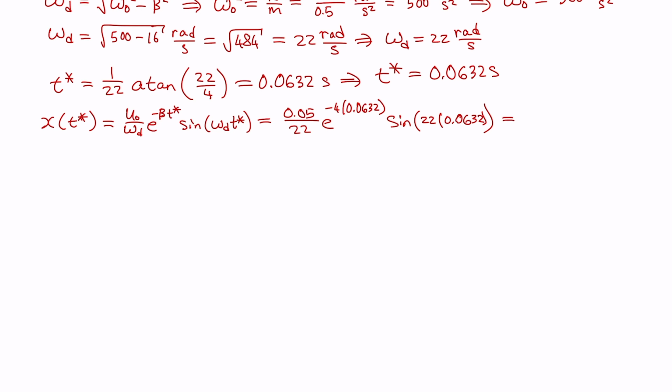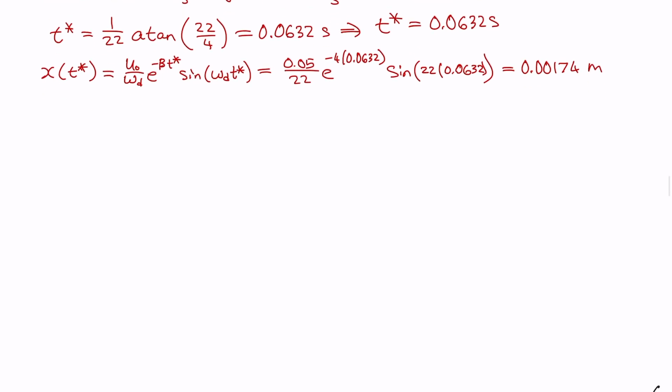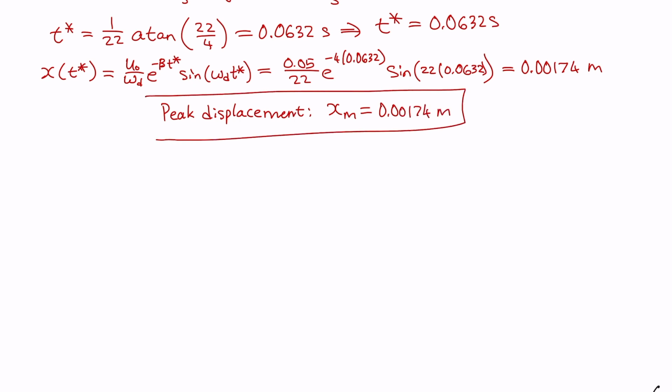And this then is equal to 0.0017, and we're going to round here to 4 meters, such that our peak displacement, we're going to call this x sub m, because we're going to use it in the next part. x sub m is equal to 0.00174 meters. And that is the answer to part A.